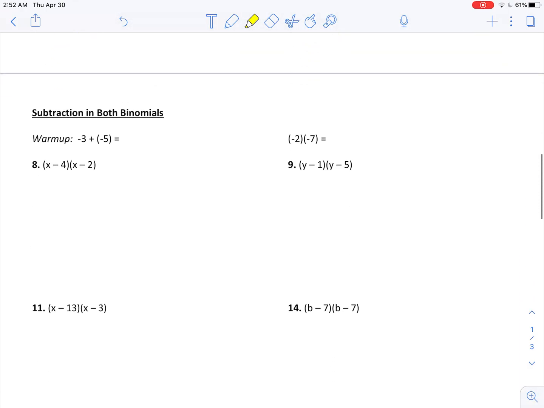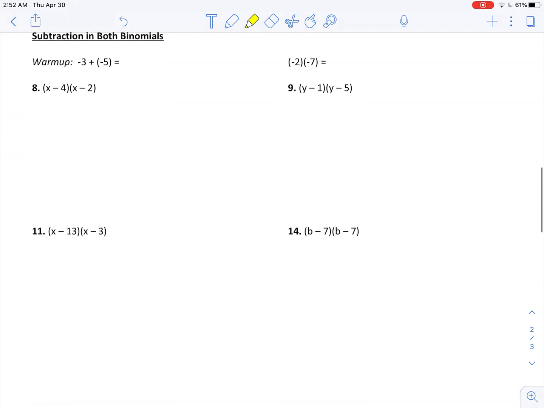And then we've got these in the end, what we've been doing the last couple days, where we have negative numbers. So x minus something else, or y minus something else.